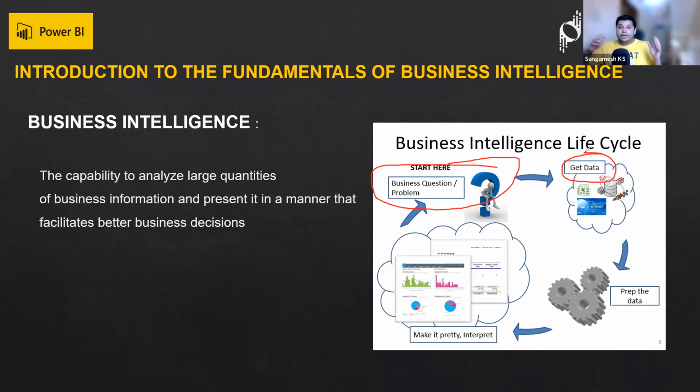For example, if I want to understand whether it is going to rain today or not, I need information related to the temperature, the humidity, whether the area is cloudy or not, and the wind. All these are very crucial aspects. Similarly, in a business, if you want to understand why my sales are going up, you need to have sales data, isn't it? So the second most important concept is data.